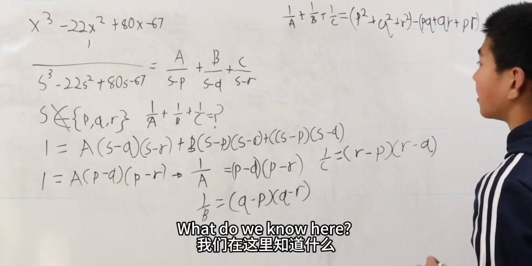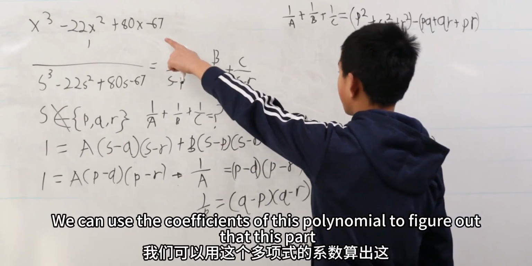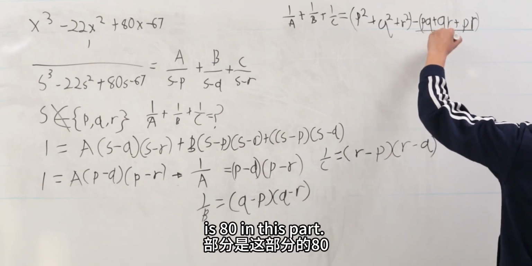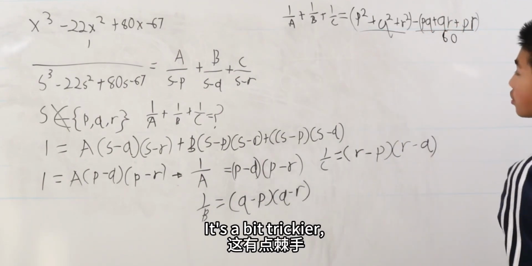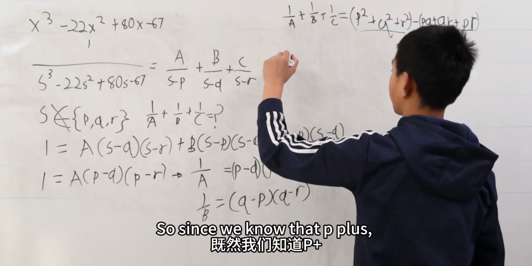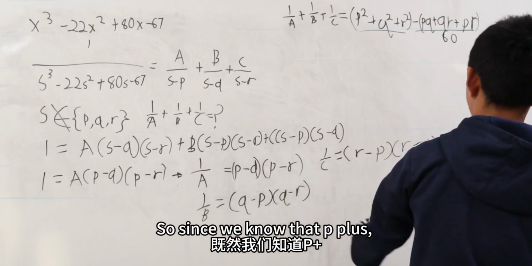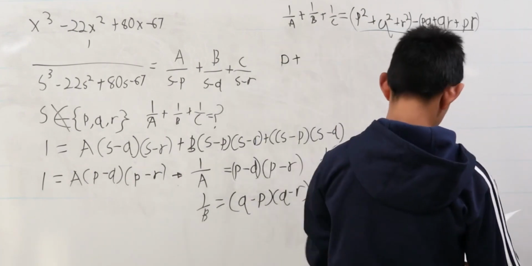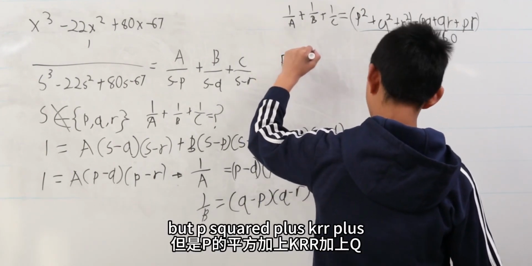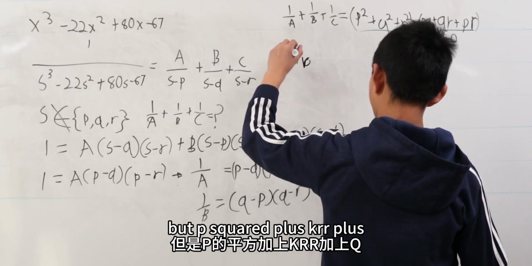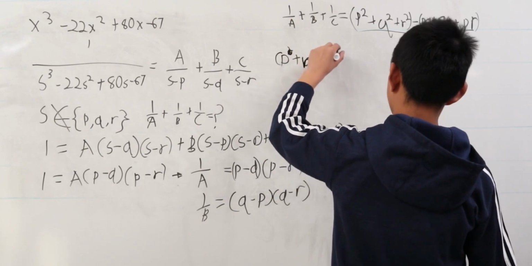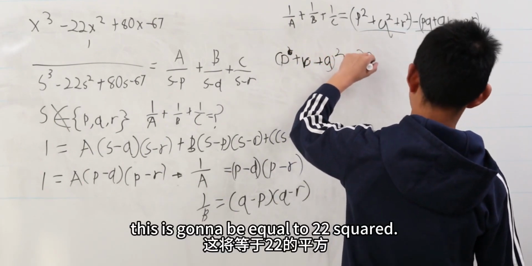What do we know here? We can use the coefficients of this polynomial to figure out that this part is 80. This part is a bit trickier, because p plus q plus r corresponds with 22, so when you square p plus q plus r, it is equal to 22 squared.